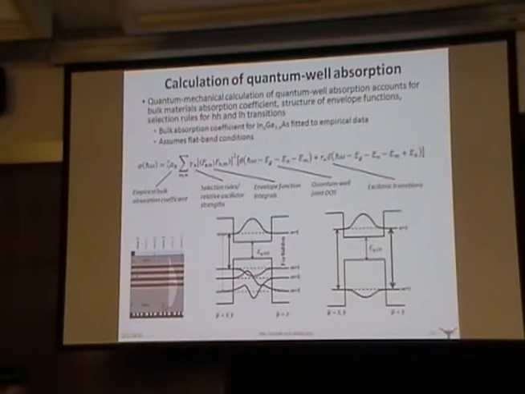Okay, now there's also an issue that you have to worry about that has to do with the nature of optical absorption in quantum wells. Okay, and it's important because if you have a semiconductor quantum well structure, the absorption actually depends on the polarization, the direction of the electric field.